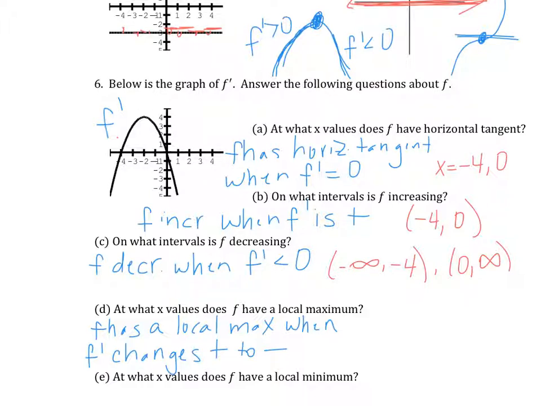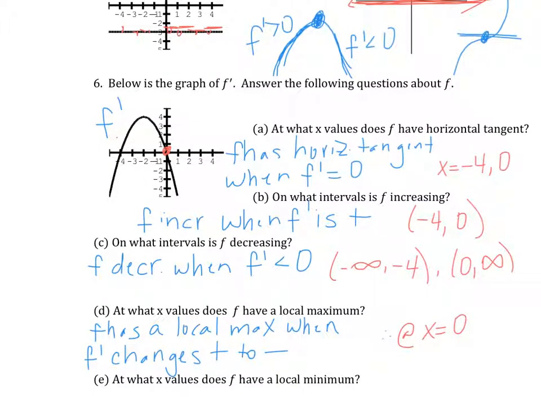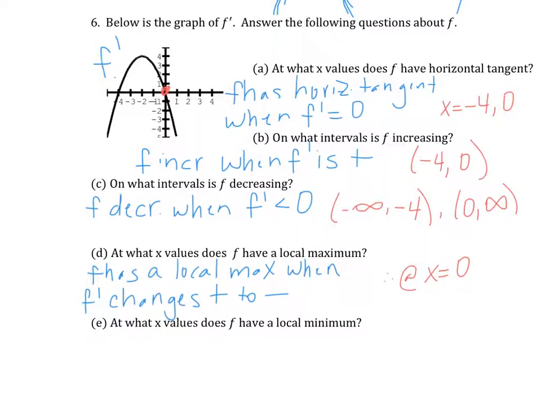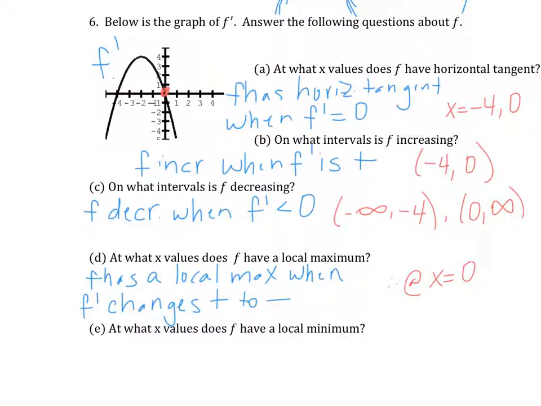So where is the derivative changing positive to negative? It's going from a positive y value to a negative y value. Well, right there. So therefore, at x equals 0. And I bet you could now do letter E, because a minimum is when f is decreasing, then increasing.